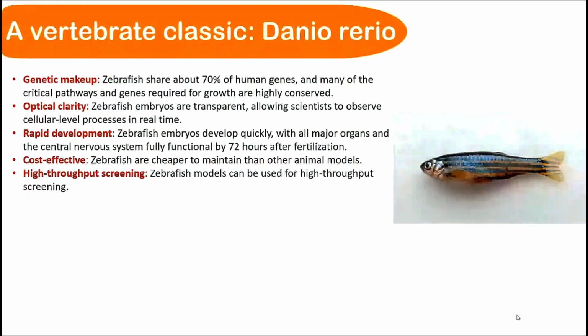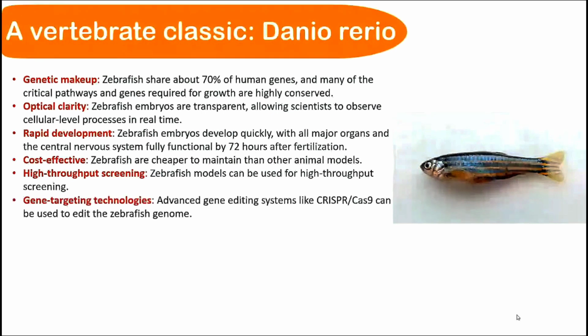And initially, when we were talking about, say, Saccharomyces cerevisiae, I was talking about high throughput screening. And the meaning here again is that you are studying the effect of a large number of molecules in one experiment. So zebrafish models are good at that as well.